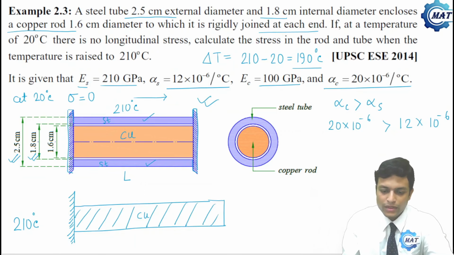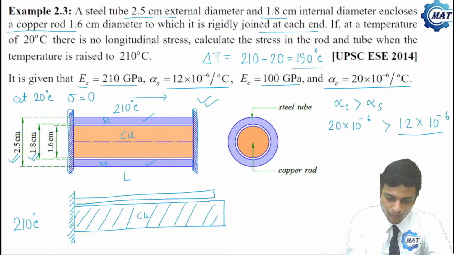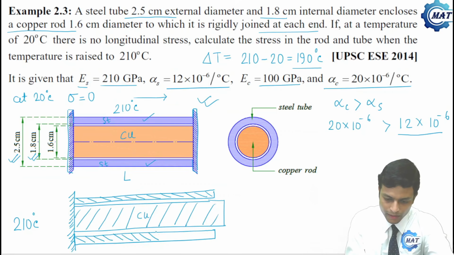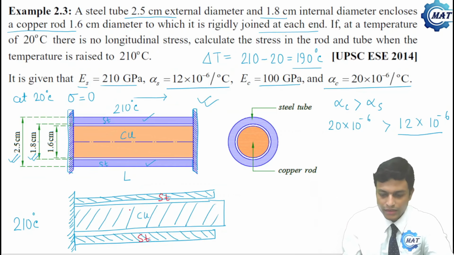As steel has a lower coefficient of thermal elongation, the steel tube will elongate a bit less than the copper.